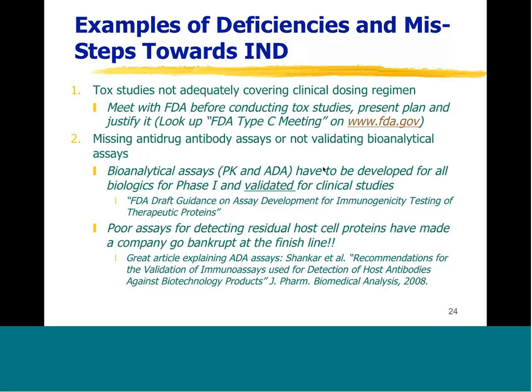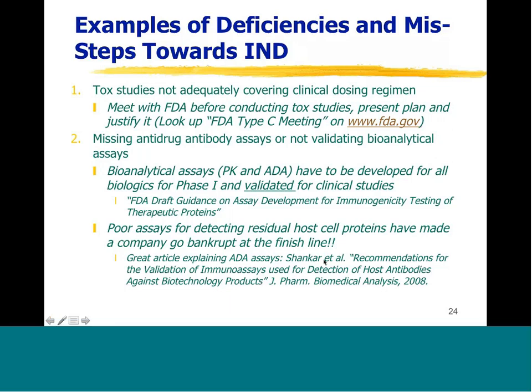And if you don't know what that means, I've put some links here. There's draft guidance, obviously, but there's also a really good article. I put that down here. Even though this article is about anti-host cell protein antibodies, it's very well written for perhaps even somebody coming new into it in terms of what do you look for? How do you even develop an anti-anything antibody assay for human testing?